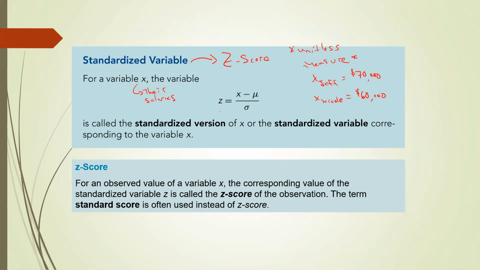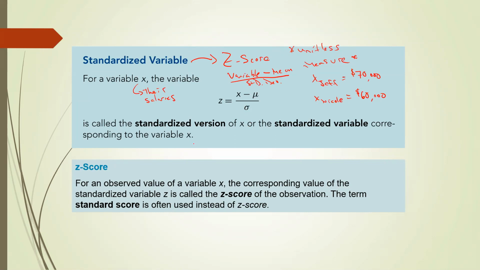All you do for a z-score is you take the variable minus, does anybody remember what this is the notation for? Yep, you subtract away the mean, and then you divide it by, does anyone remember what that's the notation for? Standard deviation. Exactly.